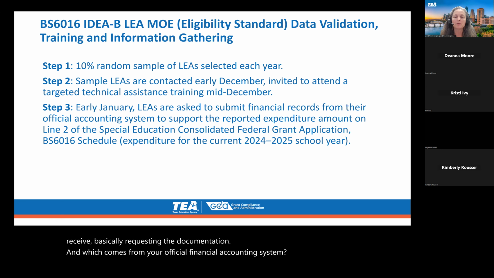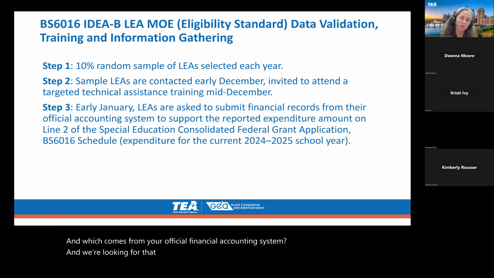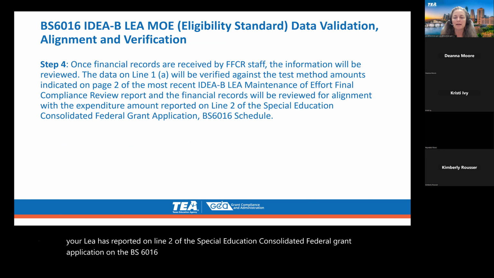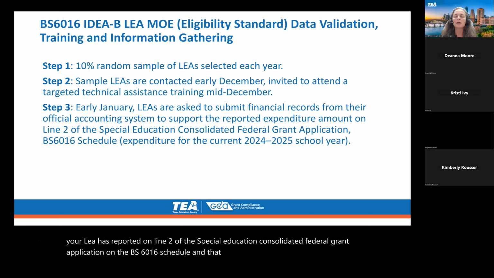We're looking for that documentation to support the expenditure amount that your LEA has reported on line 2 of the Special Education Consolidated Federal Grant application on the BS 6016 schedule. And that line 2 is the expenditure amount for the current school year.